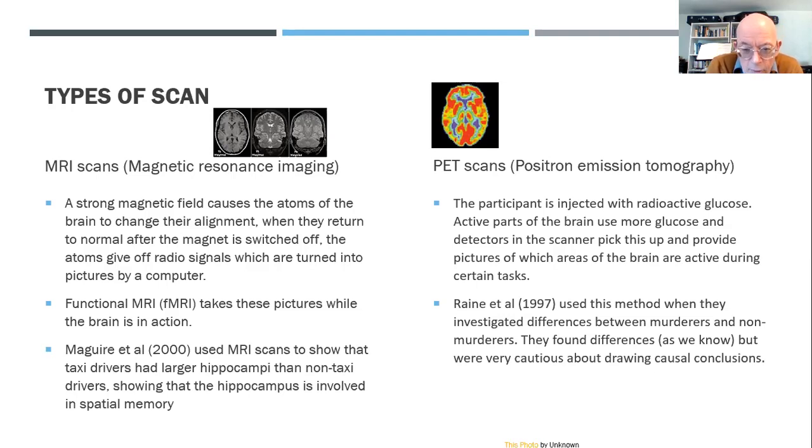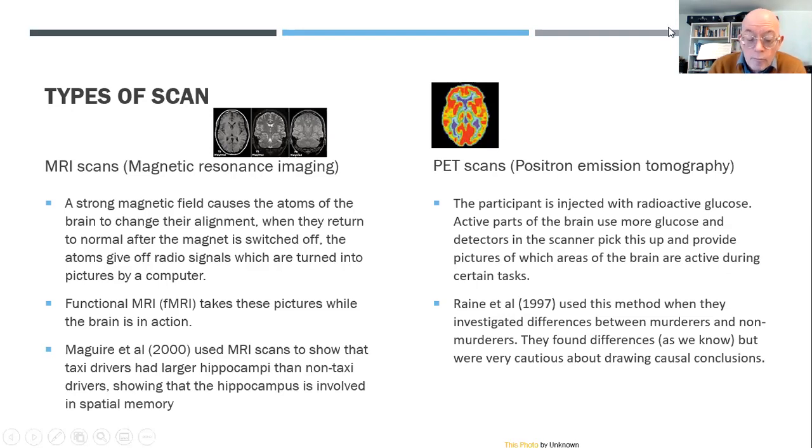Now, if we put radioactive glucose into the body and then use a scanner that picks that up, we will see the most active parts of the brain most strongly highlighted. And in the picture above, we can see that the really active parts are in red. That shows that there's a lot of glucose activity going on in those bits, and much less in the blue and the green bits.